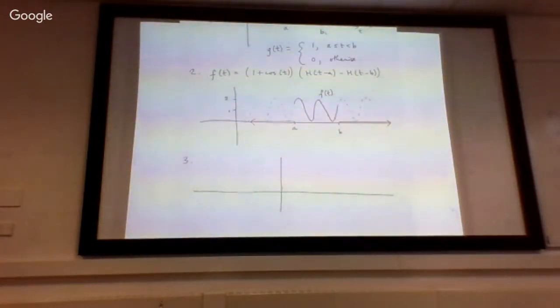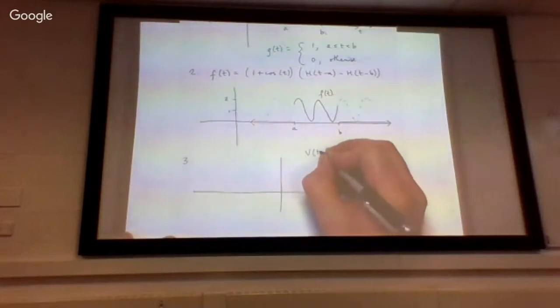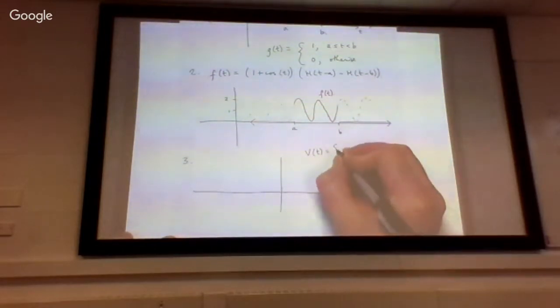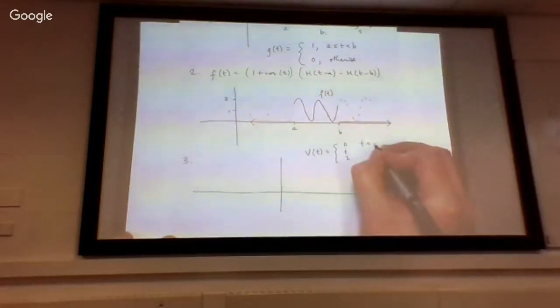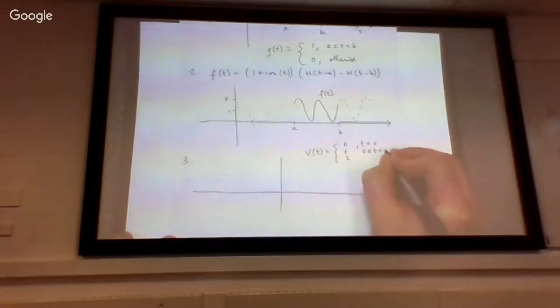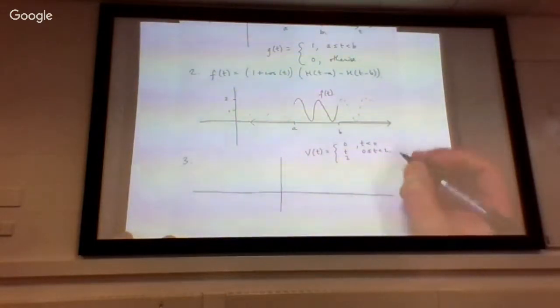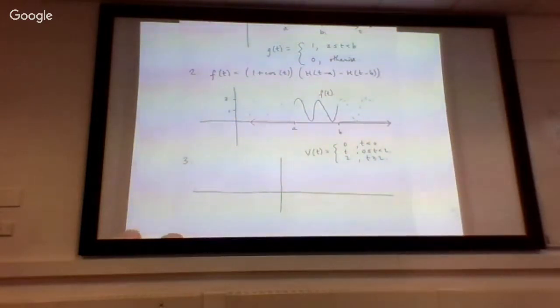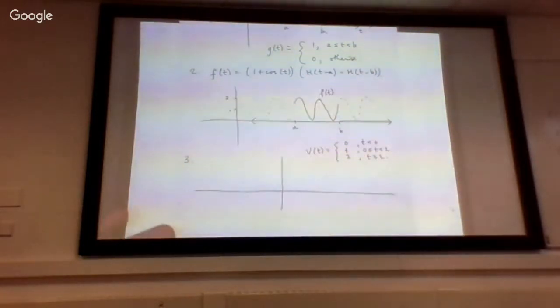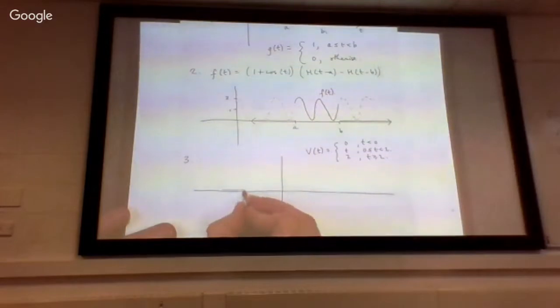So v of t is presented to us in a case-wise definition here. So it's either 0, t, or 2. 0 for t less than 0. t for between 0 and 2. And it's 2 for t greater than or equal to 2. So it's this kind of ramp function.